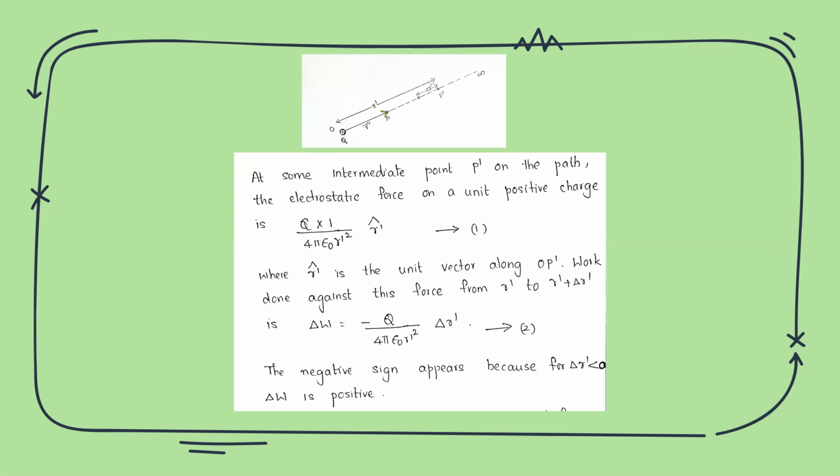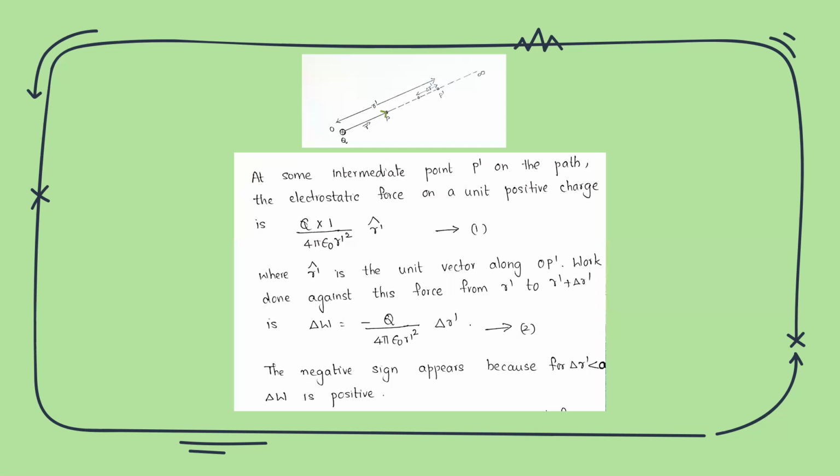In the same way, here also, first we will calculate the work done for a small distance of delta r dash. We will take a point in between, that is P dash, on the path, and we will calculate for that small path, and then we will integrate to get the total work done.